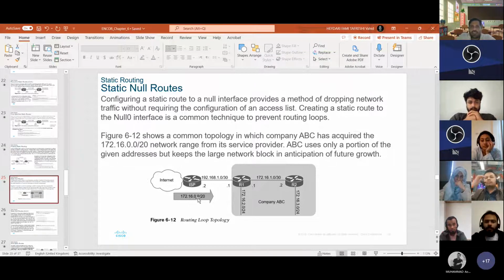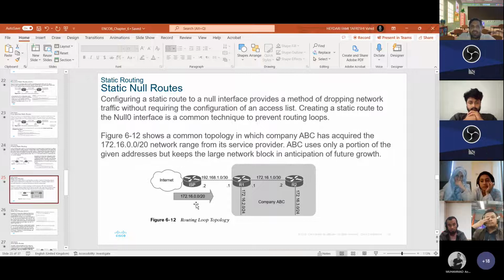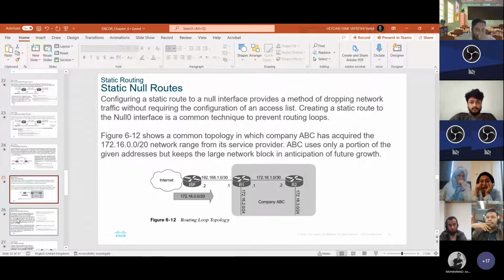So on this ISP router, we're going to define a route and we're going to say, you know what, send all the traffic for this summary route that way, not this way, because this address summarizes all these internal LAN addresses or even link addresses for company ABC in this example.